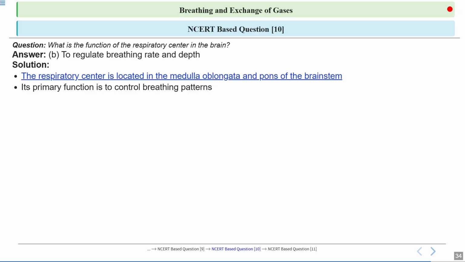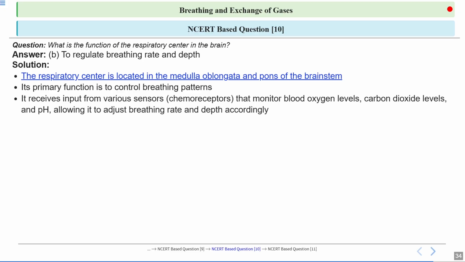Its primary function is to control breathing patterns. It receives input from various sensors. Around the pons and medulla oblongata, there are chemoreceptors that monitor blood oxygen level, carbon dioxide level, and also the pH.